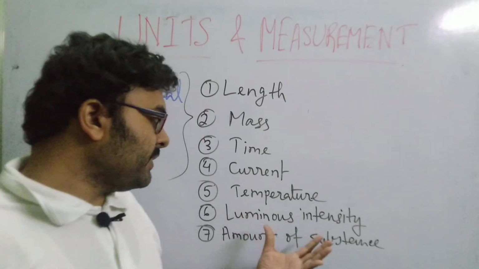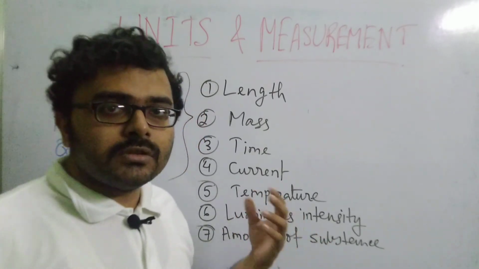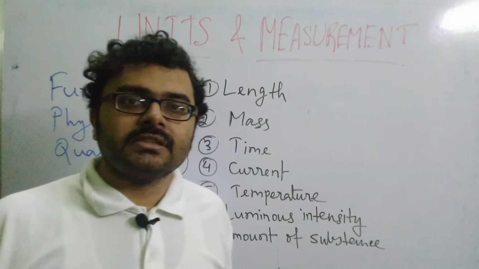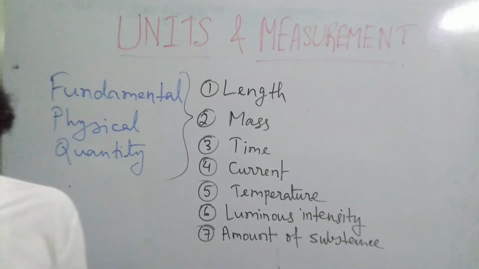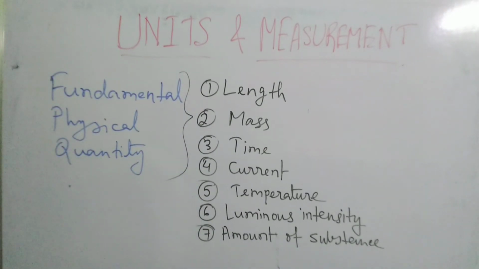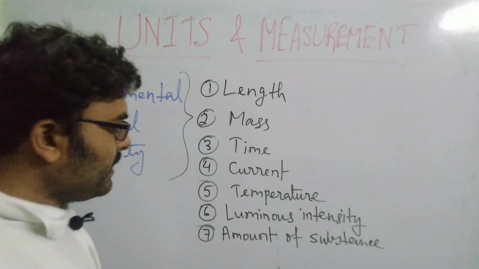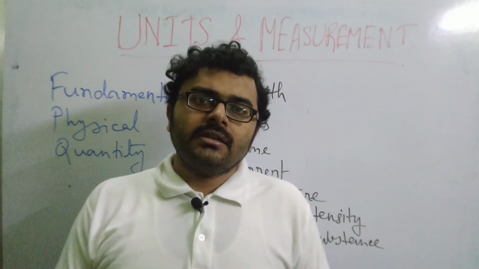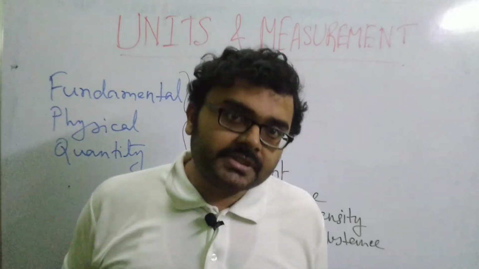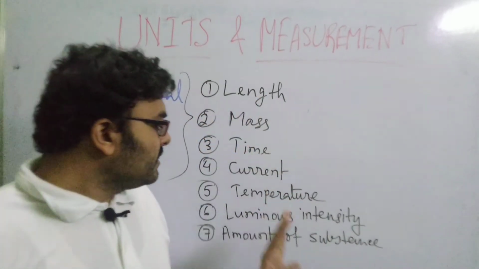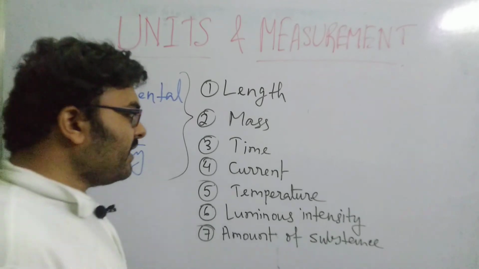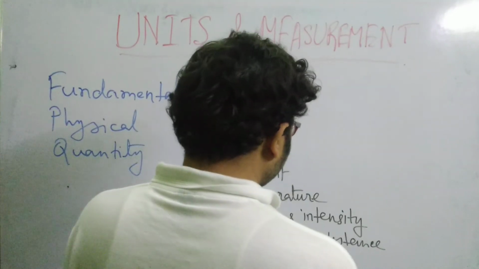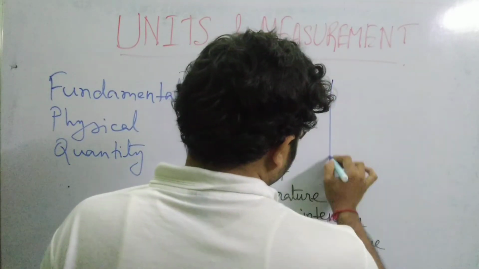Whereas amount of substance: every matter consists of certain molecules or atoms or ions, and the number of molecules or atoms or ions contained in that particular matter is regarded as the amount of substance. So these are the 7 fundamental physical quantities.